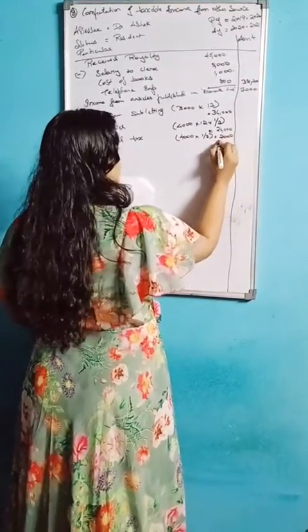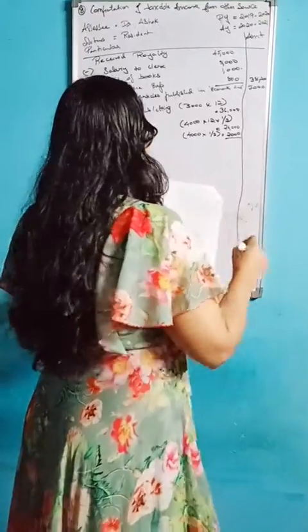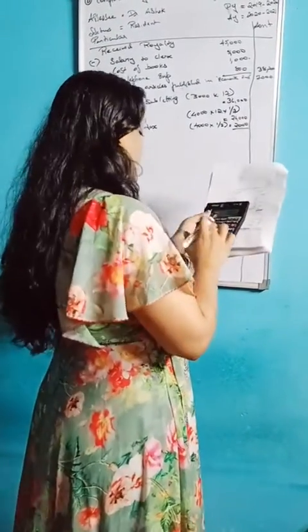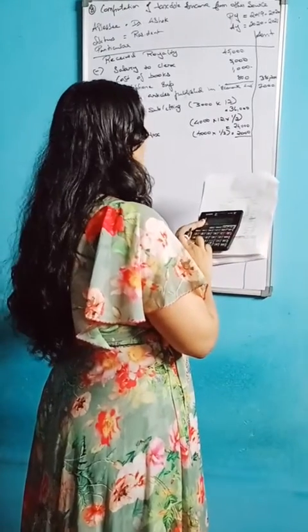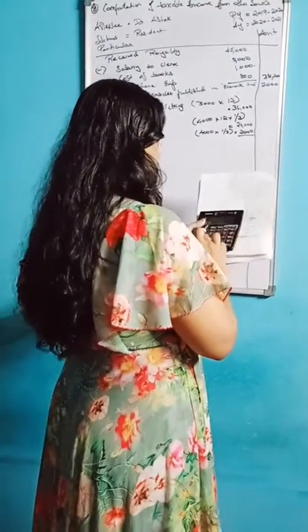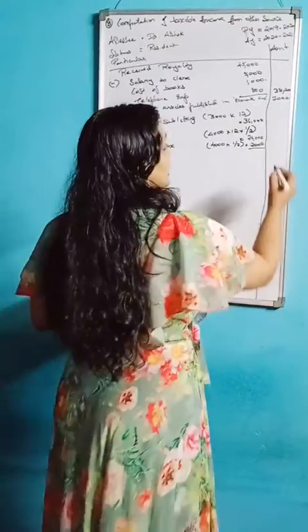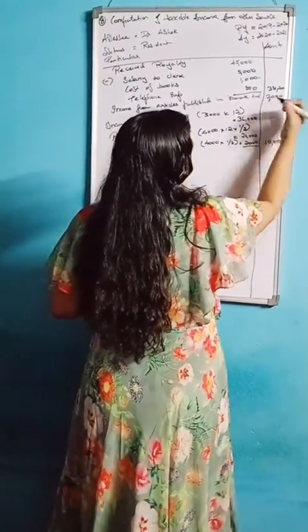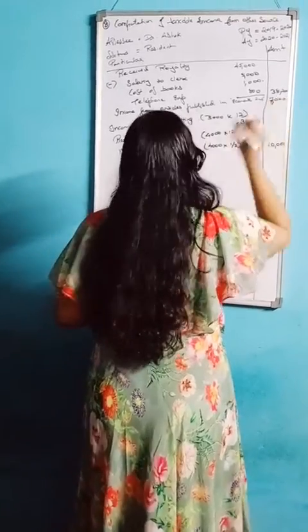Okay, then just calculate how much you will get. You will subtract it, isn't it? So from 36,000 minus 24,000 minus 2,000, you will get 10,000. Okay, you will get 10,000.